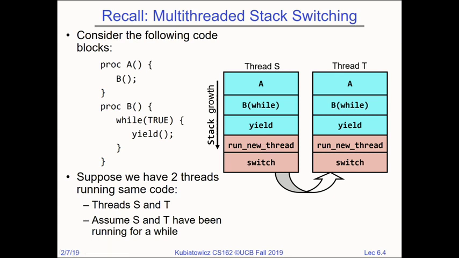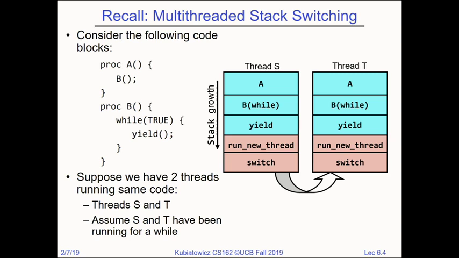And so really, run new thread can call switch with an argument that says, this is what I want you to switch to. Or run new thread could push it on the kernel stack or whatever. Whatever mechanism for communicating between run new thread and switch, that's what you do. Good. All right. Any other questions?